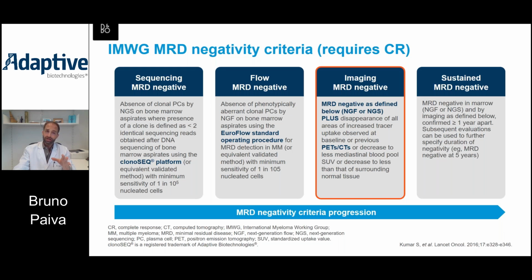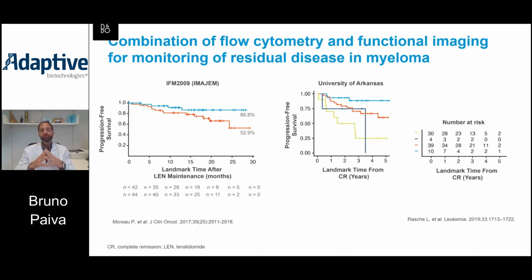This was already acknowledged in the IMWG response criteria and is supported by data, for example, obtained by the French group and investigators at the University of Arkansas. Both groups were able to show that patients with double MRD negativity by flow cytometry here and PET-CT were the ones experiencing the best outcome.